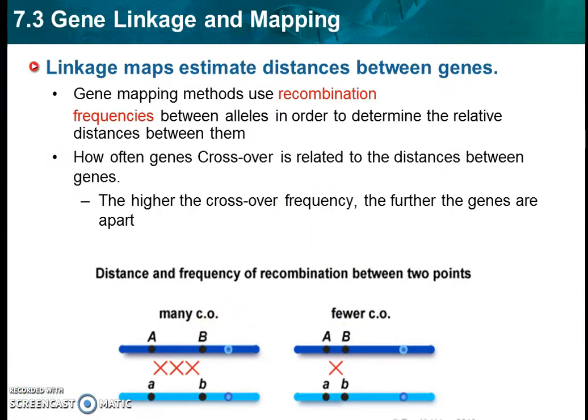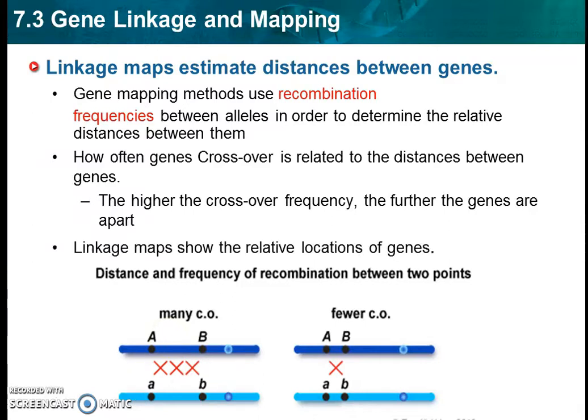If I take a look over here at our second example, if the genes are farther apart, then it's a little bit more likely that they will separate during crossing over, because there is a lot of space in between them that allows the opportunity to separate the genes from one another. So we don't have the big A and the big B on one chromosome and the little a and the little b on another. The big A might switch places with the little a, and so we get that recombination there.